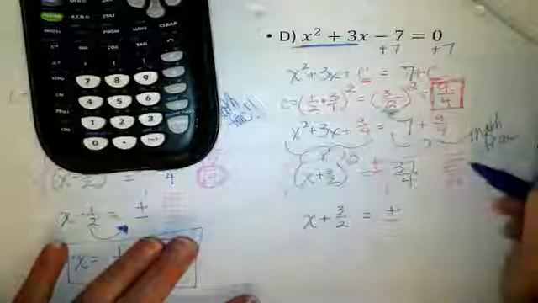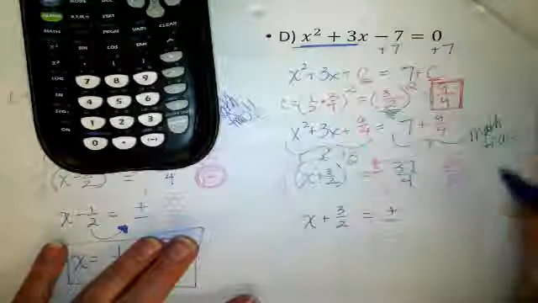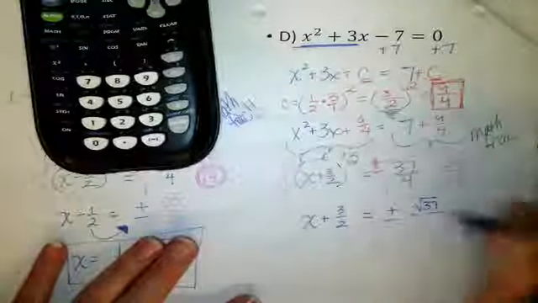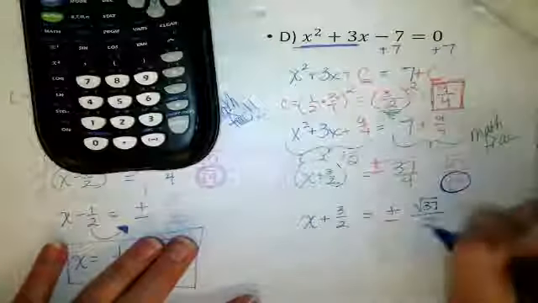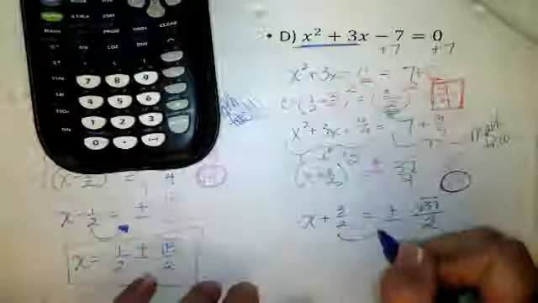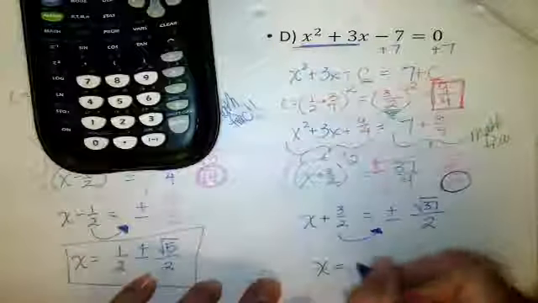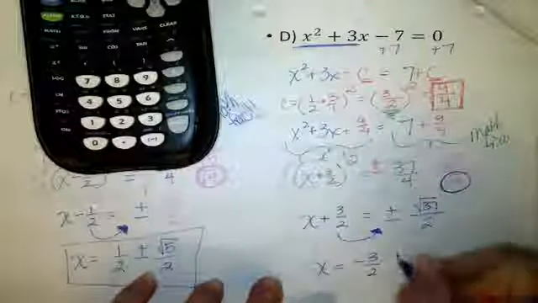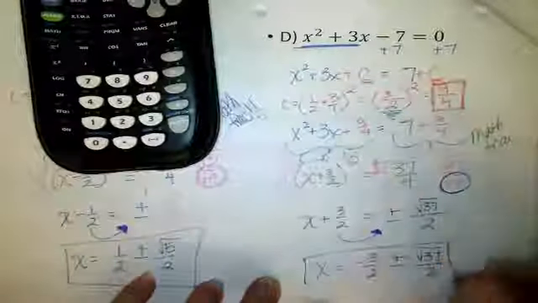Can I do anything with radical 37? No, there's no perfect squares in there, so we get radical 37. Square root of 4 is 2. And then I'm going to move my 3/2 over. How do I move it? Subtract it. So it becomes negative 3/2 plus or minus radical 37 over 2.